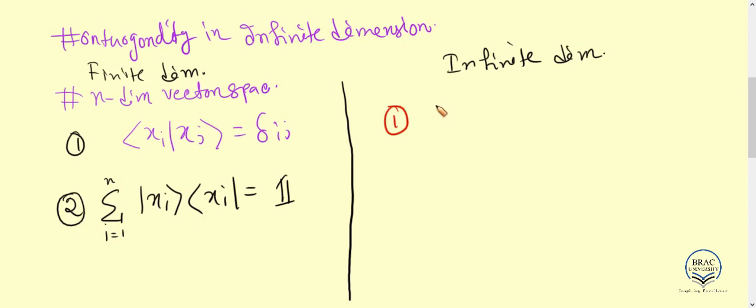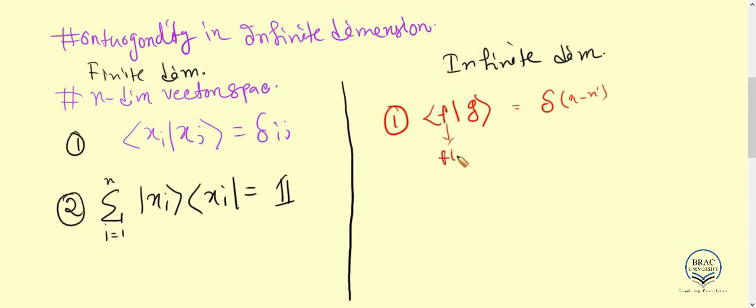In infinite dimension, since we are taking functions to be our vectors, we are going to represent our bases like this. Let's say you have one function f, and you can see that I'm putting it inside a bra, and another function g, and if these two are orthogonal to each other, then you should get a delta function, but instead of delta ij, now you will have delta of x minus x prime.